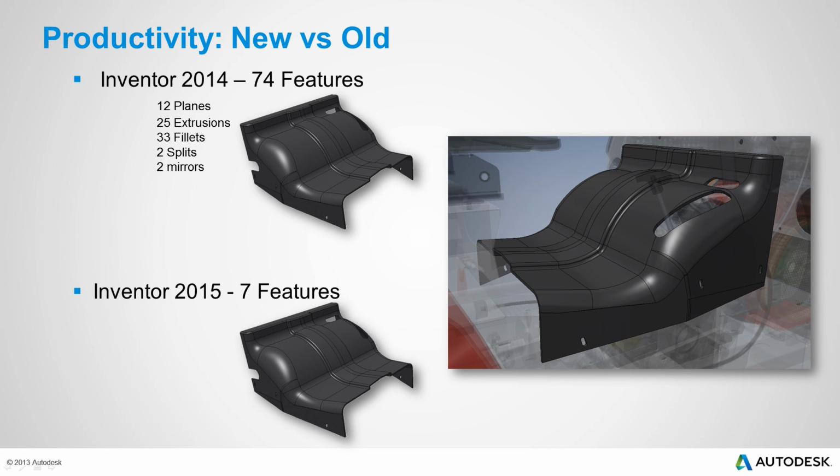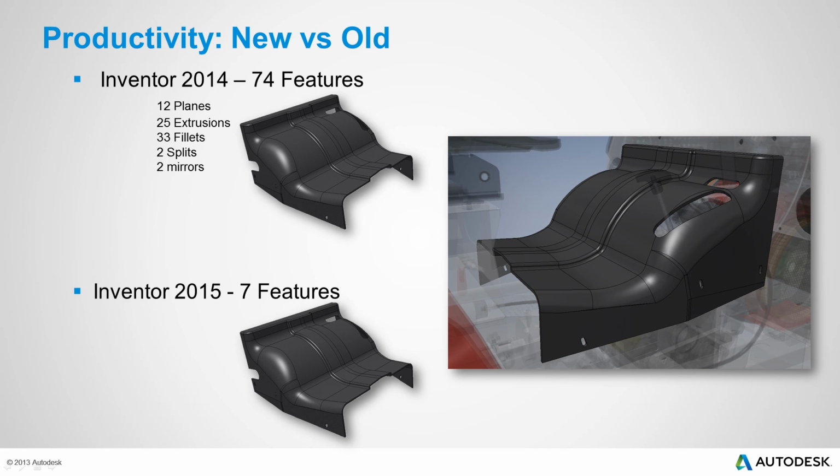It's got a lot of blends, there's a lot of curves. And if we take a look at what was required to create a shape like this previously versus what the new freeform modeling tools enable in Inventor 2015, you can see here that there's a significant difference in the amount of work that has to be performed by the user to end up with the same shape.